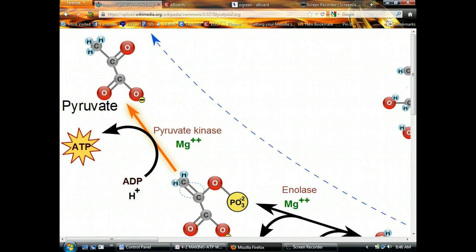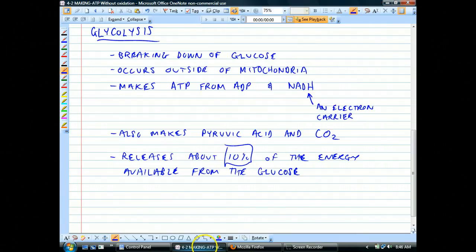All right. So again, this is just to show you the whole picture of what's going on. What do you need to know? Right here. So let me write this down. Look on figure 4.5 on page 79. All right? And these are the main points, by the way, that I'm interested in you knowing.